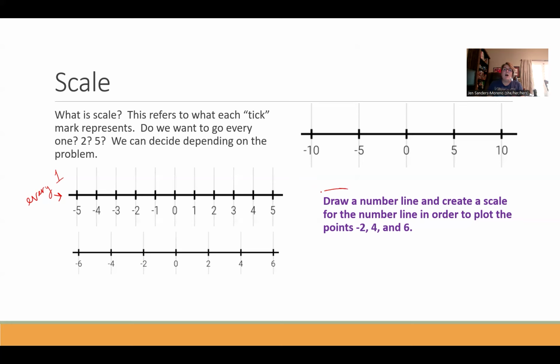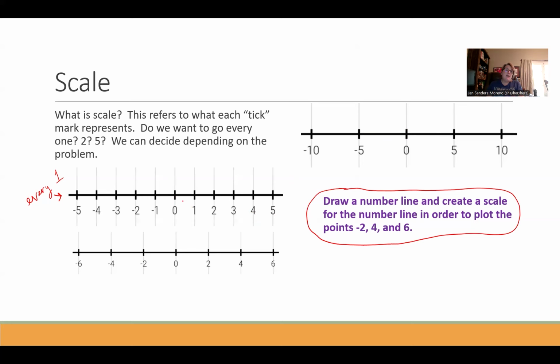So here it says, draw a number line and create a scale for the number line in order to plot the points -2, 4, and 6. Now, this is a great discussion point because counting by 5s is probably a bad idea because you'd be kind of guesstimating where 2 and 4 and 6 are.